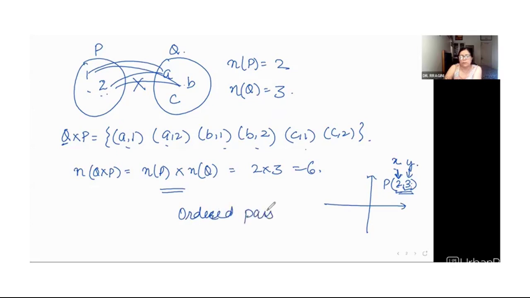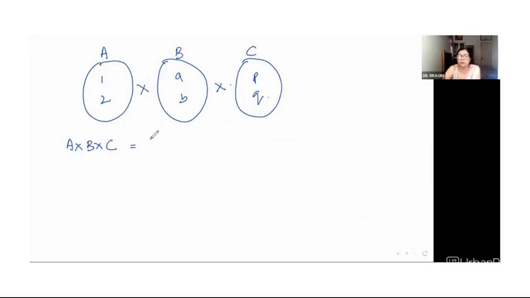Ordered pairs. Now, what happens if we take the Cartesian product of three non-empty sets? They are called Cartesian triplets, right?